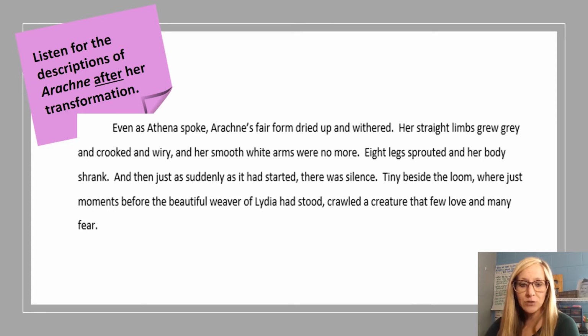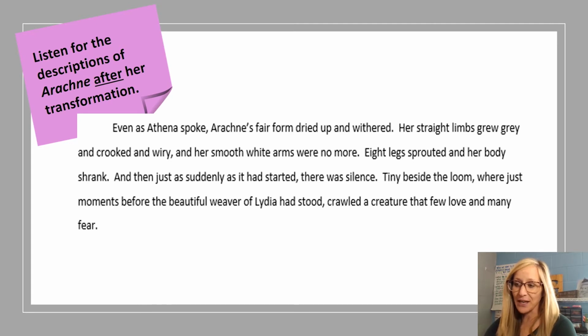Her straight limbs grew gray and crooked and wiry, and her smooth white arms were no more. 8 legs sprouted and her body shrank, and then just as suddenly as it had started, there was silence. Tiny beside the loom, where just moments before the beautiful weaver of Lydia had stood, crawled a creature that few love and many fear.